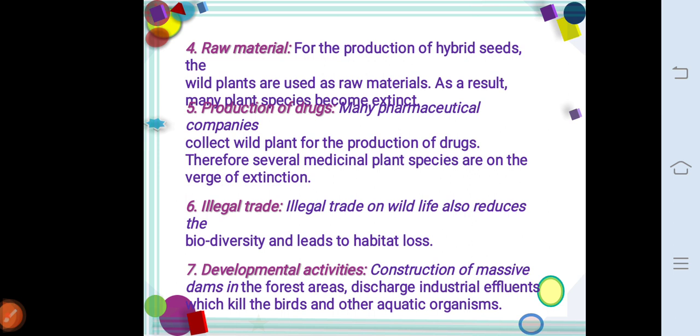Since trading of such wildlife products is highly profitable, poachers hunt these prohibited wildlife and smuggle them to other countries. Wildlife products include horns, tusks, leaf specimens, herbal products.